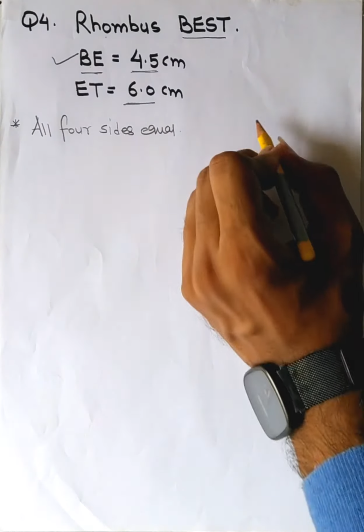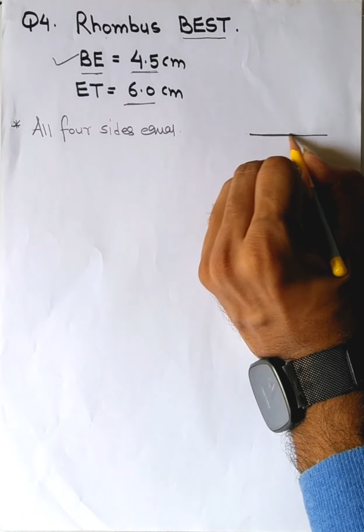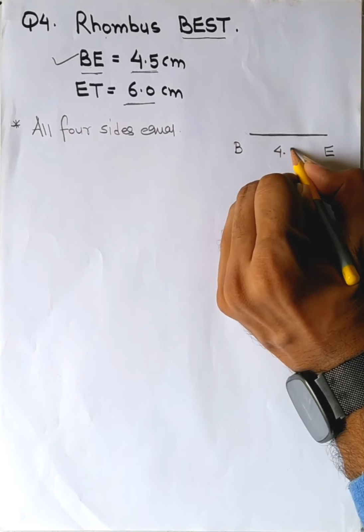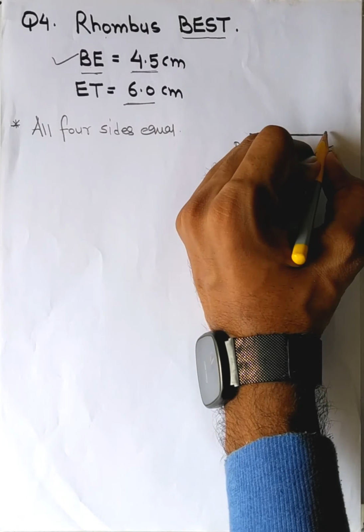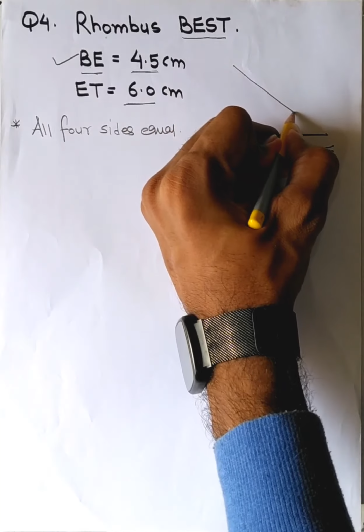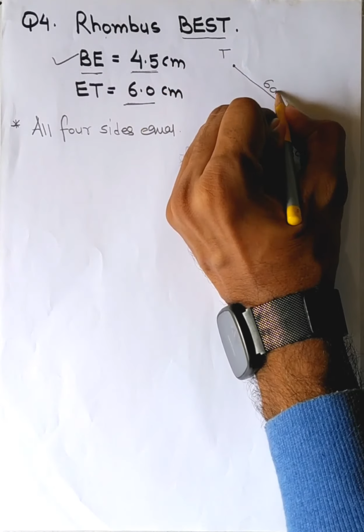But before that, let us go for the rough figure. So here I draw BE, that is 4.5 centimeter. Now E and T is given. ET is the diagonal, so I am drawing ET. Here let us take T, that is 6 centimeter.